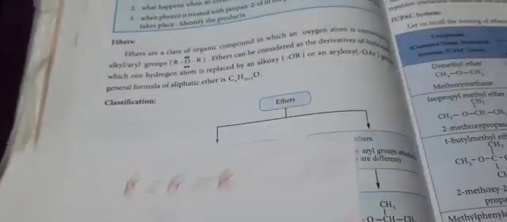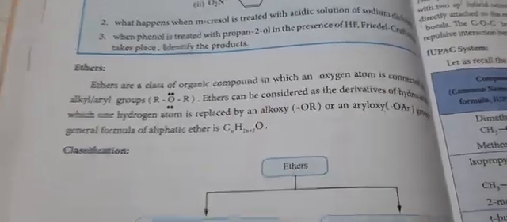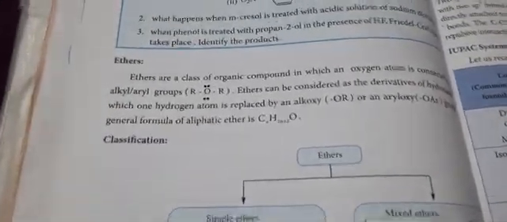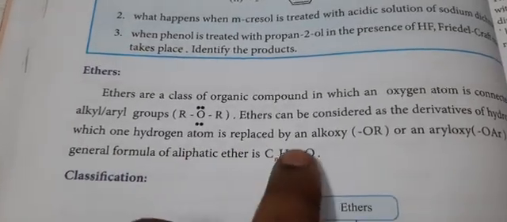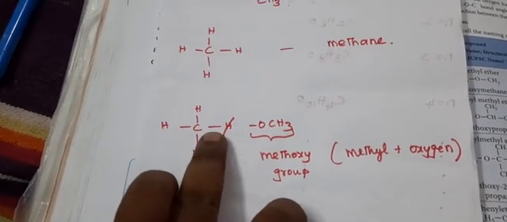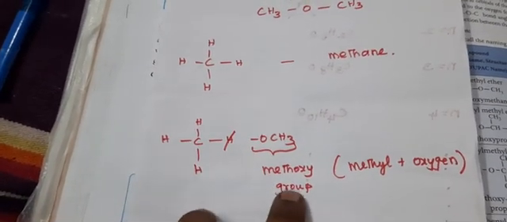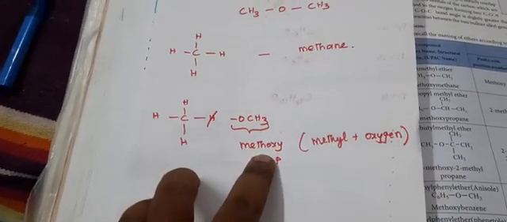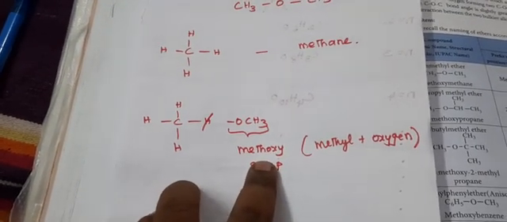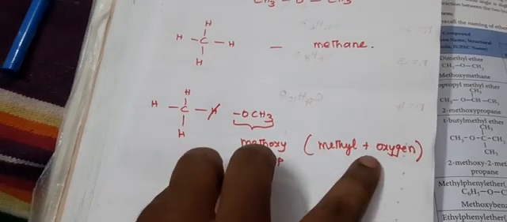So, ether can be considered as the derivative of hydrocarbon in which one hydrogen atom is replaced by an alkoxy or aryl oxy group. In methane, one hydrogen is replaced by the OCH3 group. This group is called the methoxy group. Why is it called methoxy? Because this group contains methyl plus oxygen.